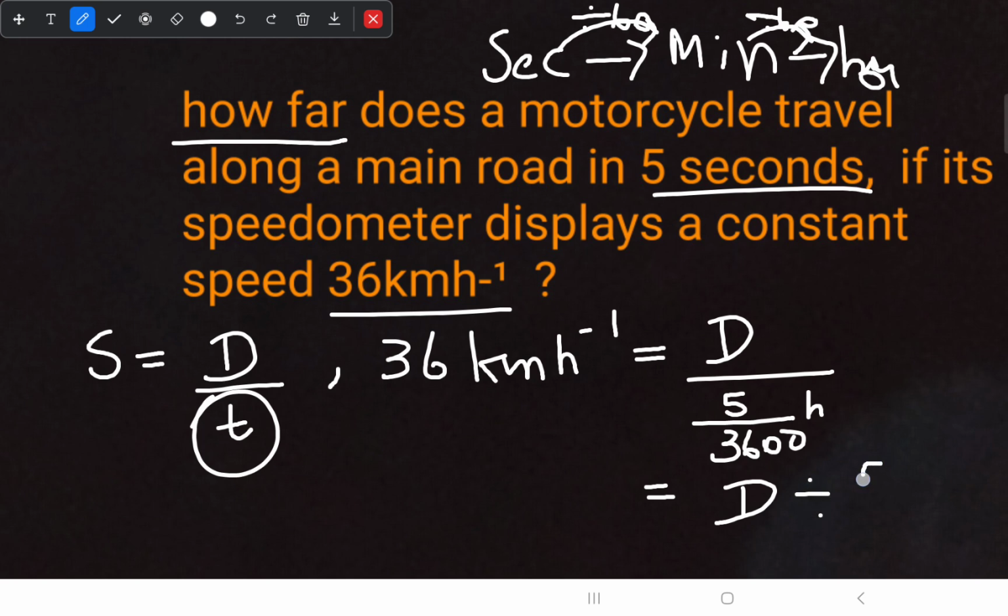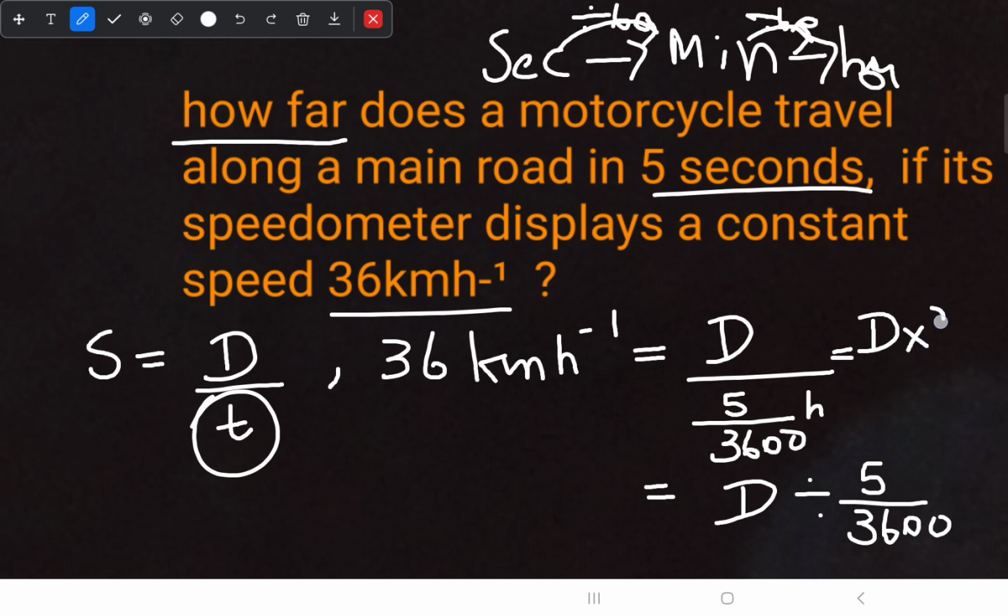D divided by 5 upon 3600. When we convert division as a multiplication, the right side fraction will become its reciprocal.